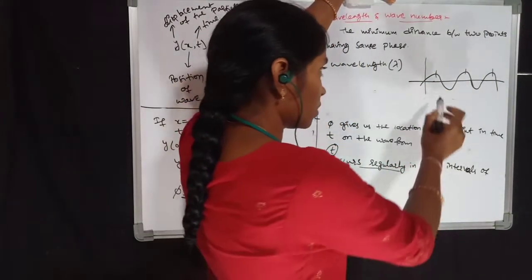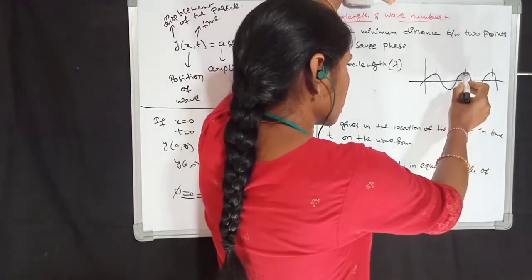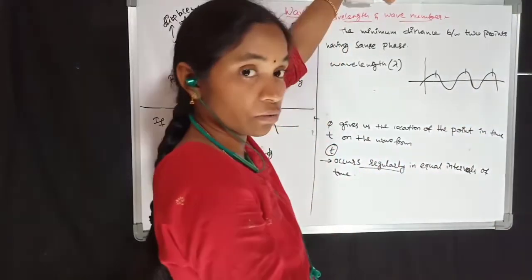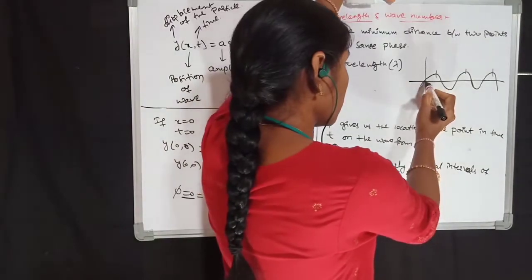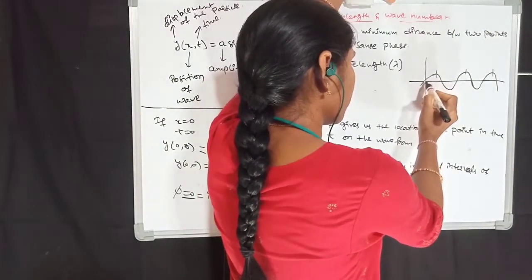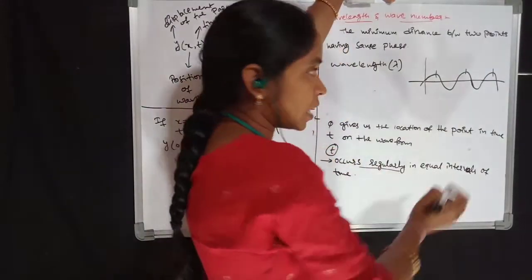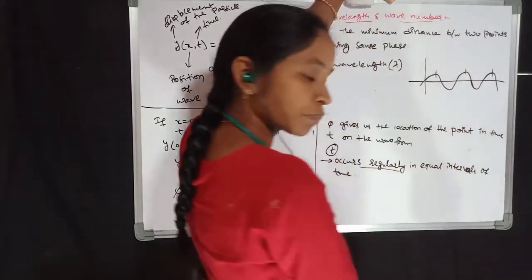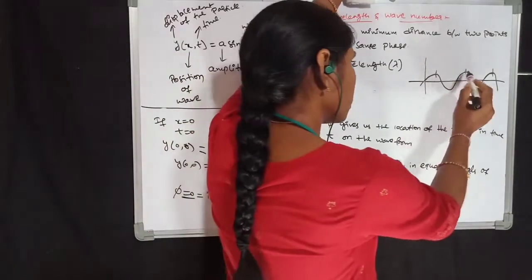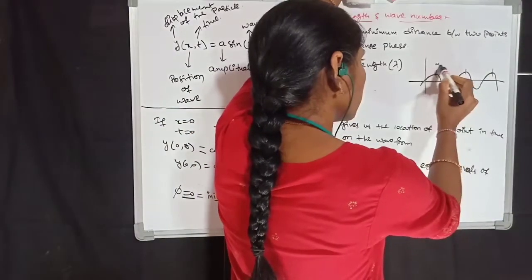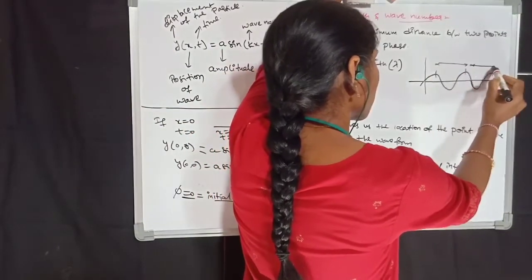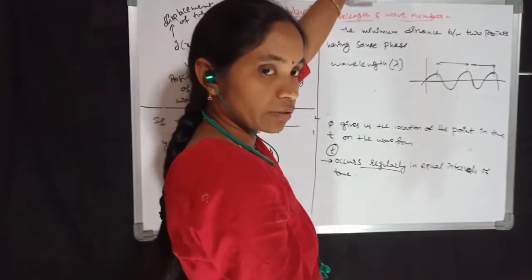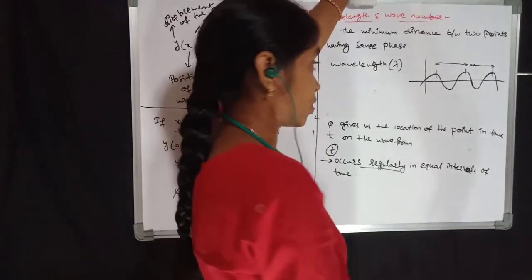Here the amplitude remains constant at this point and the phase also remains constant. Why? Because this is the distance travelled by the wave and this is the distance travelled by the wave from the equilibrium position. Here the phase remains constant and the time period also remains constant between two cycles.